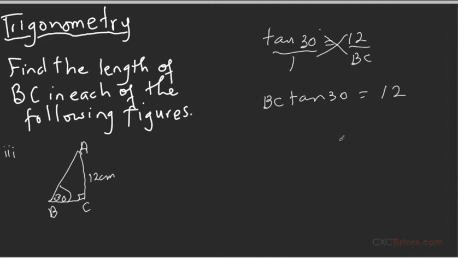Now at this point we can make BC the subject. To make BC the subject, we can divide both sides by tan 30 without having to find what the value of tan 30 is up front. So we can divide both sides by tan 30. So we can say BC is equal to 12 divided by tan 30.